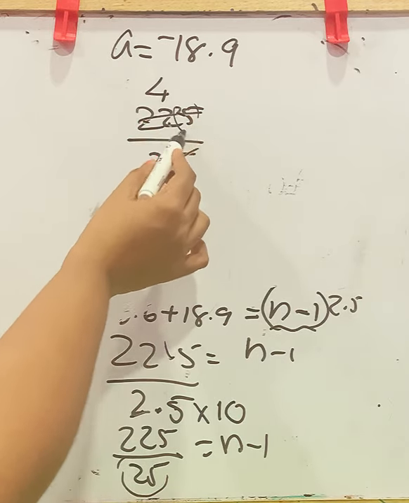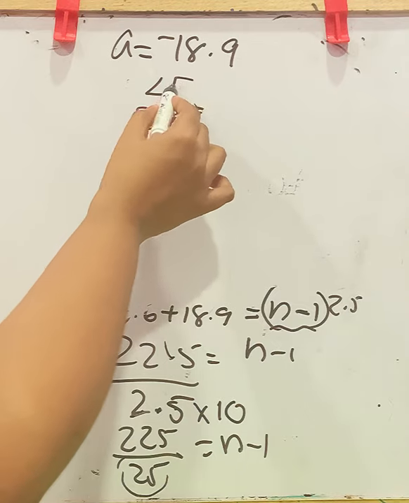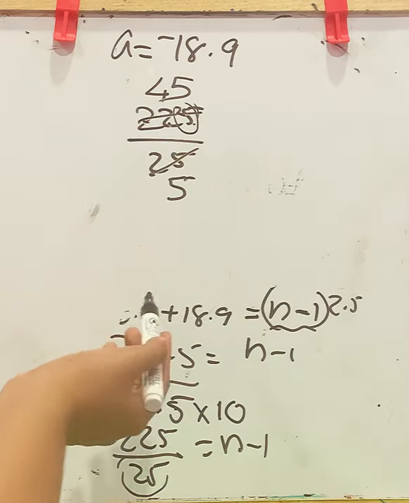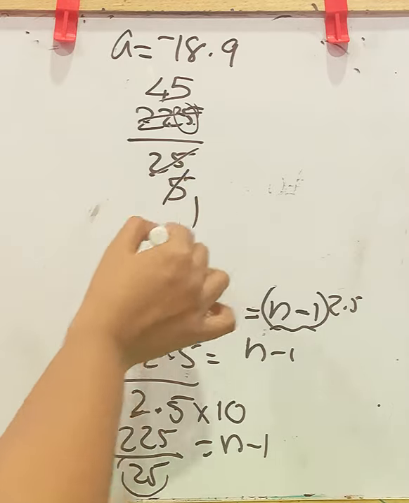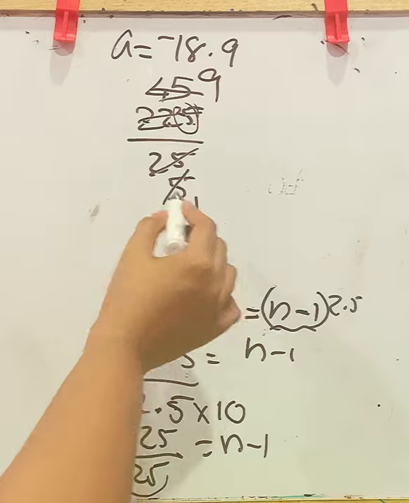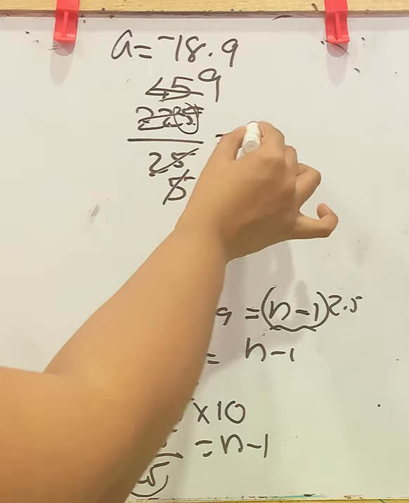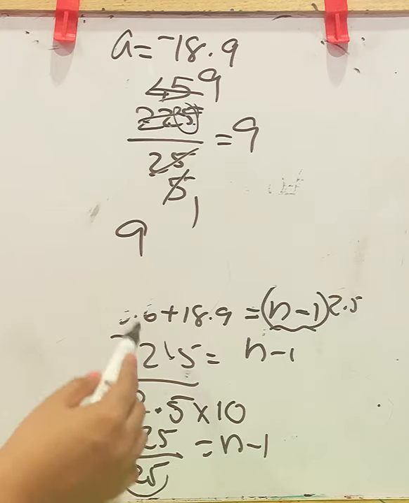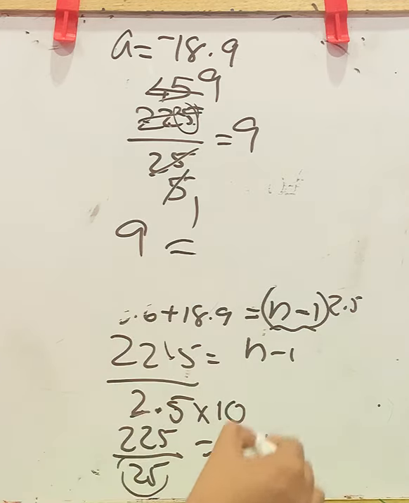Balance 2. This becomes 25. Again in 25, 5 5s are 25. Now 45 by 5. Again it is a multiple of 5. So 5 1s are 5 and here 9 5s are 45. 9 by 1 means 9. Okay. 9. Here on the LHS we have 9 equal to, here we have n minus 1.